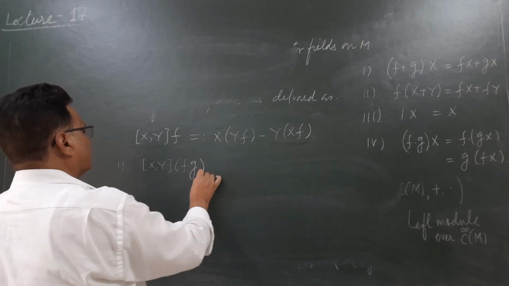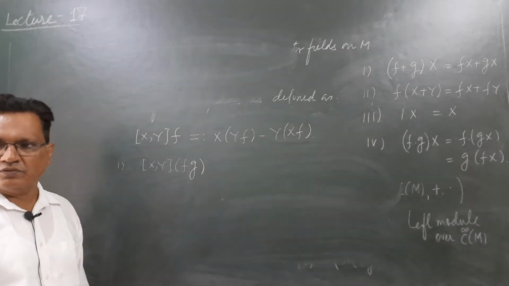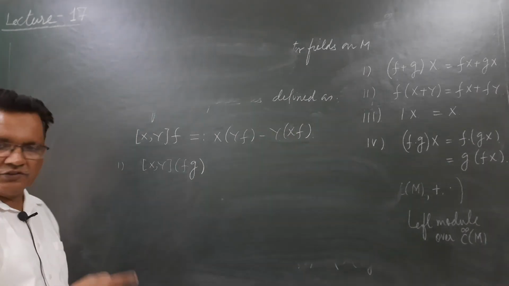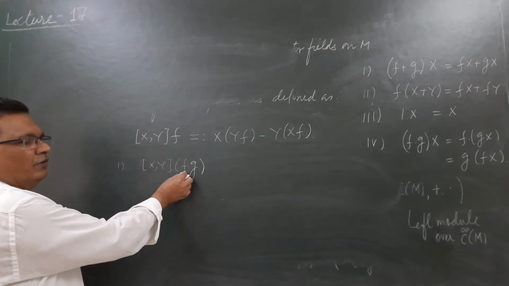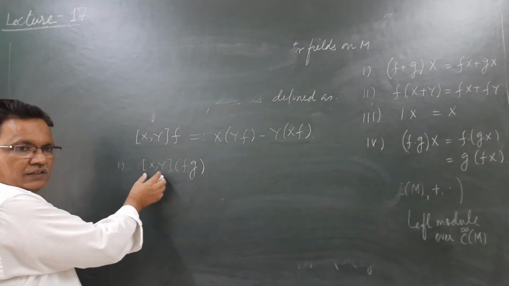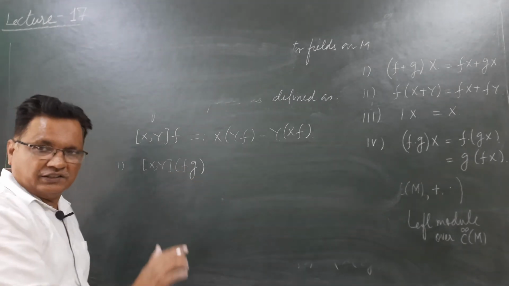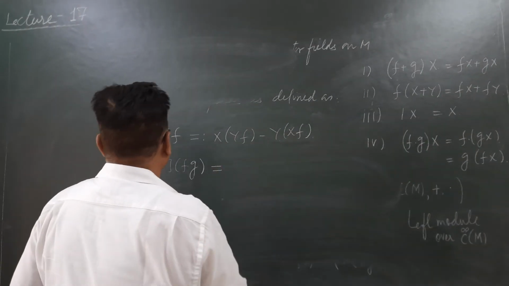तो let us check how does it act on the product of two functions. We expect it to satisfy the Leibniz property, means Lie bracket XY operating on f, g as it is, plus f as it is, Lie bracket operating on g. This is what we are expecting. So let us start resolving it.